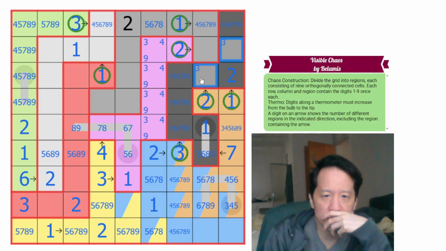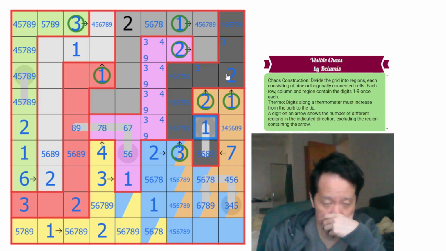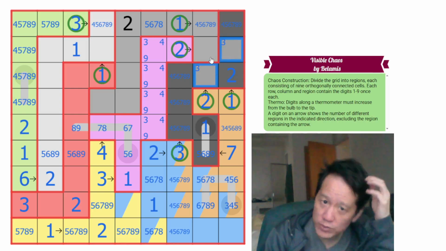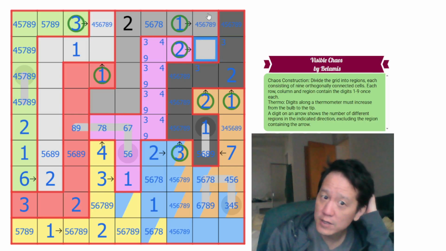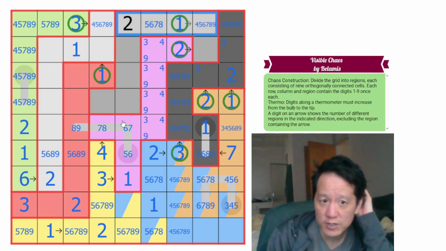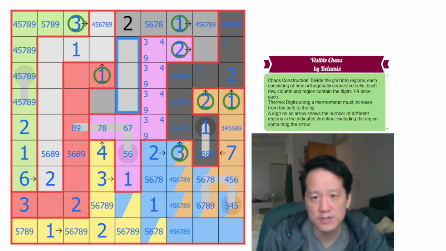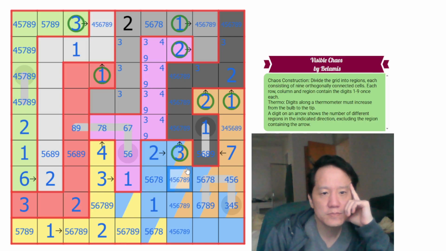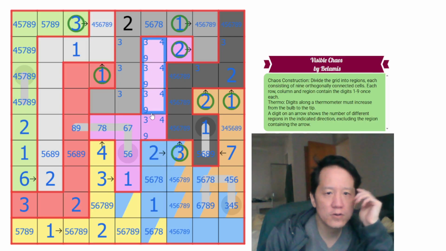So, one of these two is a 3, right? Because none of these can be a 3. This has to be a 1. This has to be a 2. This can't be a 3. So one of these two is a 3, which means this cannot be a 3. Which means none of these can be 3. This can't be 3, so one of these has to be a 3. We have a 3 here.